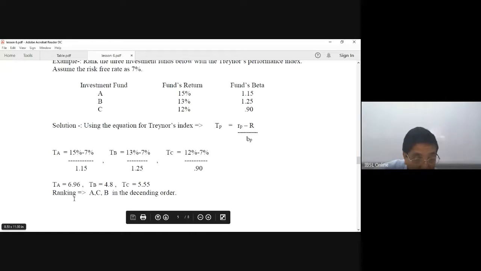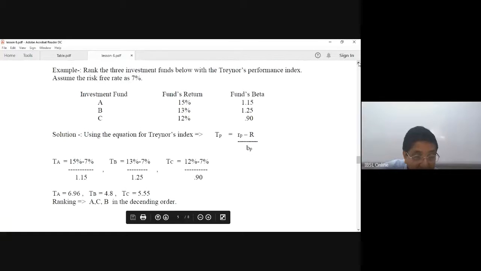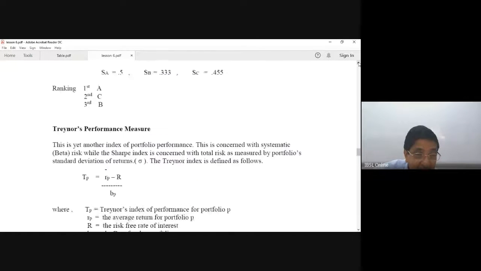The ranking would be, what is the highest value here? A will get the highest value. Then what is the second value? The C will get the second value, and B will get the lowest value.